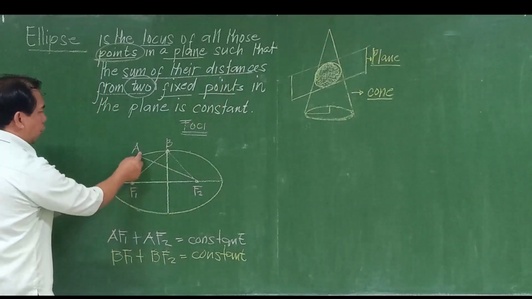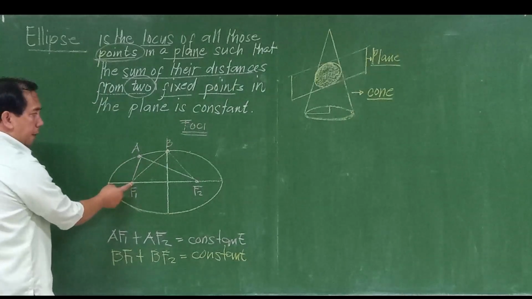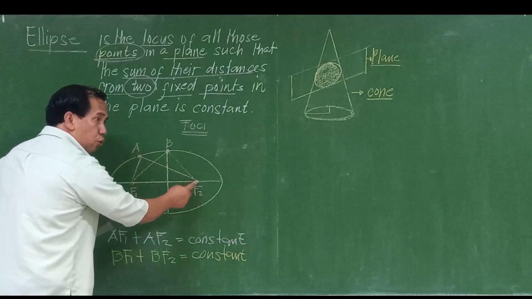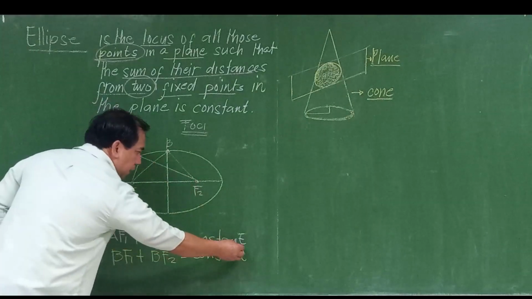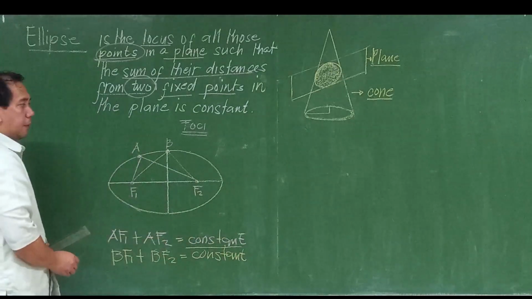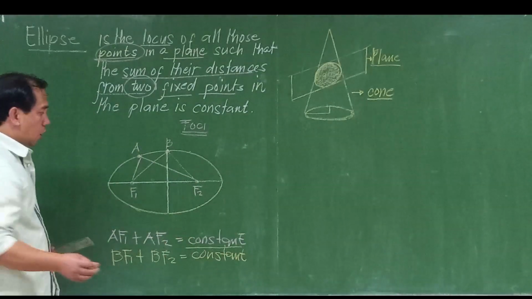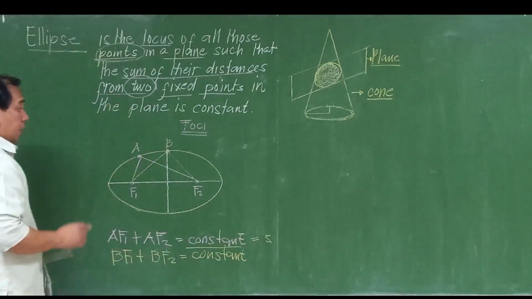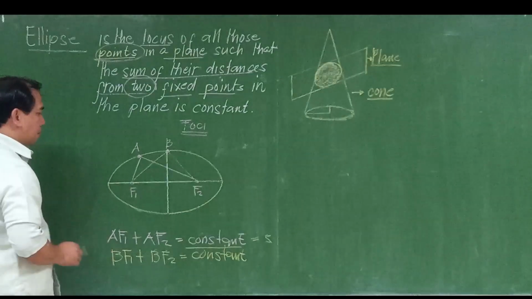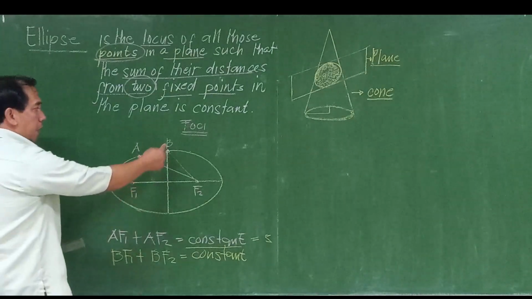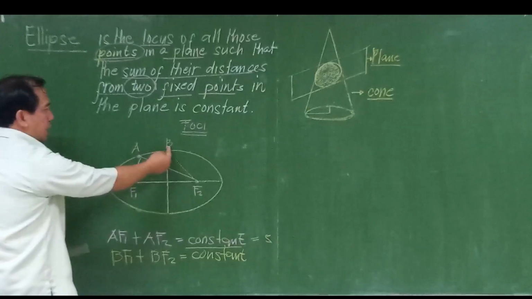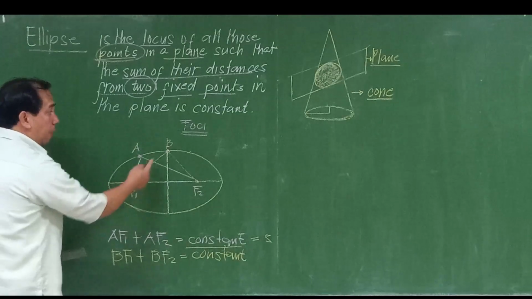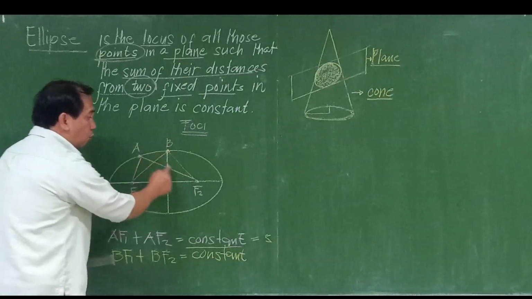So in the definition, when we say the sum of their distances, the distance of point A to focus 1 plus the distance of point A to focus 2, the result will always be constant. Whatever result, shall I say I computed 5, that result will also be the same as when I get the sum of the distances of point B to focus 1 plus point B to focus 2.